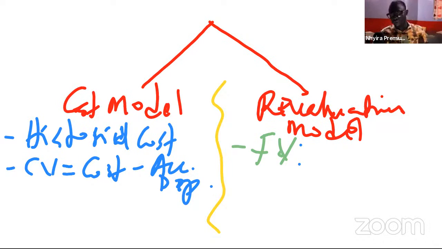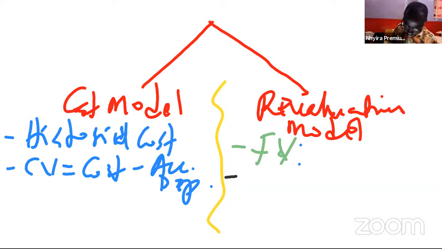What if I have this phone and I want to give it to you in exchange for money, the value at which I'm going to give it to you is the fair value. If I owe you $10,000 and you say, oh, Nhyira, pay me $9,000, then the $9,000 becomes what? The fair value. We will look at IFRS 13 later on as we build our knowledge.